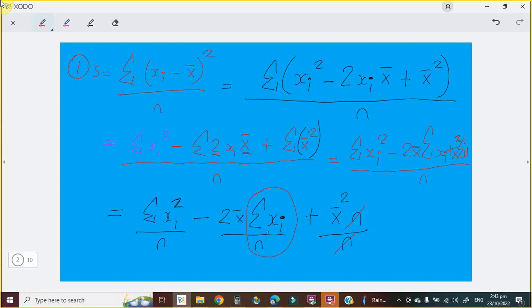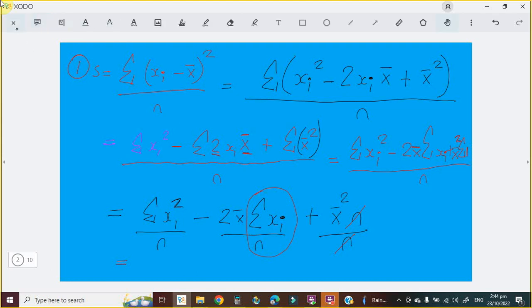What's the sum of xi over n? That's bar x. Isn't that the mean, bar x? Yeah, this is bar x. We said bar x is the sum of xi over n.